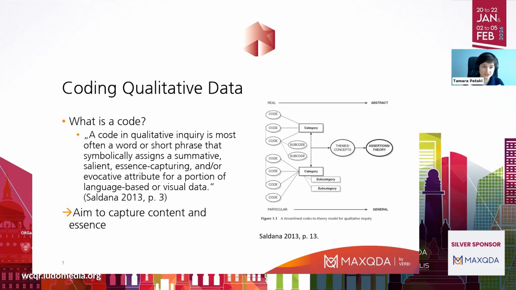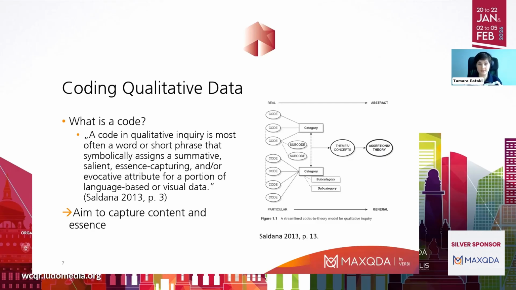So here, just as an example, I brought a definition from Johnny Saldana's manual on coding, and he describes coding as: a code in qualitative inquiry is most often a word or short phrase that symbolically assigns a summative, salient, essence-capturing, and/or evocative attribute for a portion of language-based or visual data.